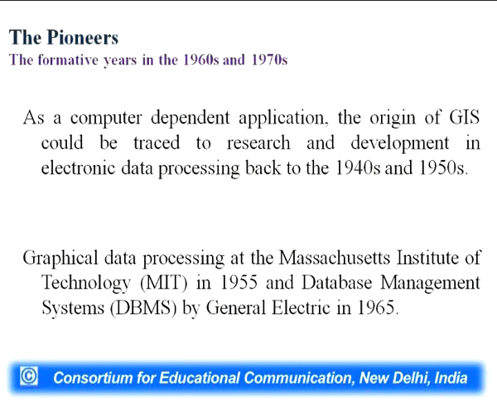The pioneers phase, the formative years in the 1960s and 1970s, as a computer dependent application, the origin of GIS could be traced to research and development in electronic data processing back to the 1940s and 1950s. Graphical data processing at the Massachusetts Institute of Technology in 1955 and a database management system by General Electric in 1965 did some work in the field of GIS development.